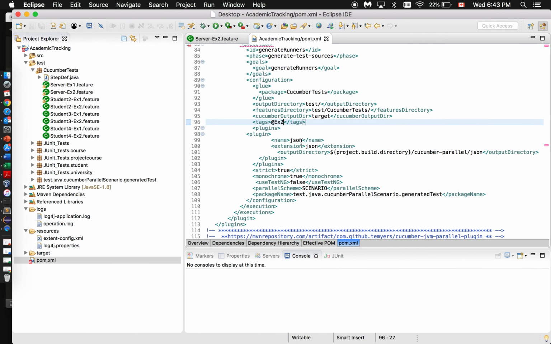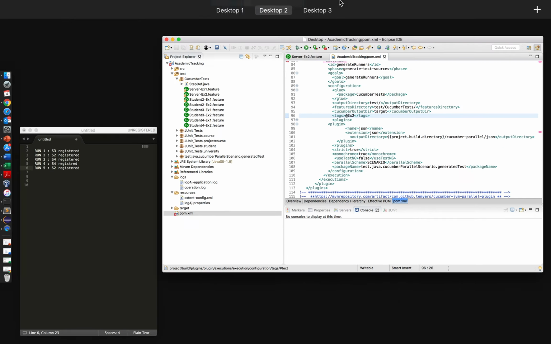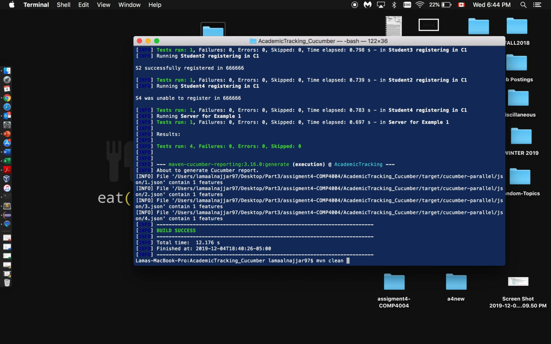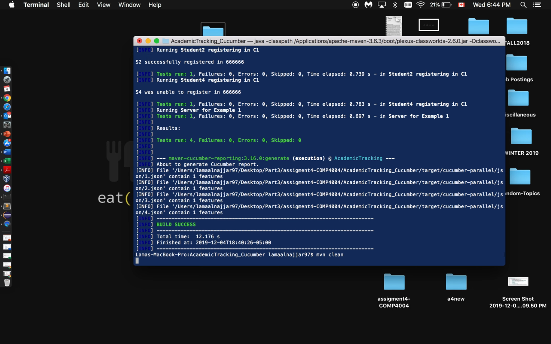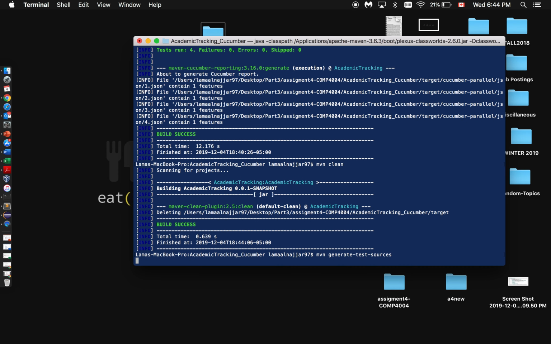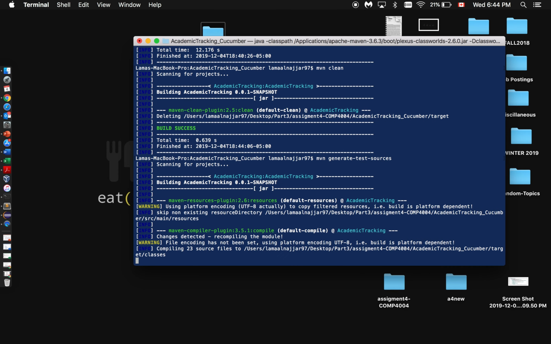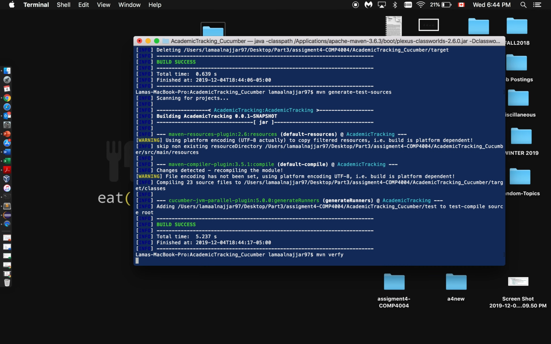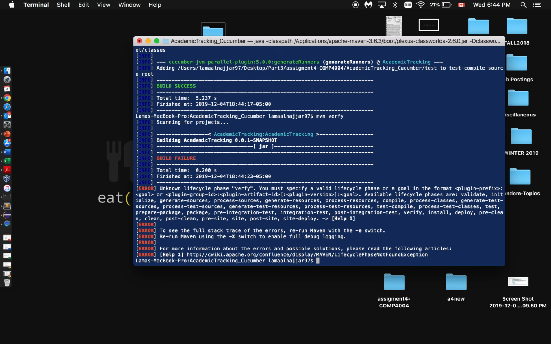And now, because I have set this to example 2, I'm going to do Maven clean, then Maven generate sources, and then lastly, Maven verify. Oh, sorry, I misspelled it. Maven verify.